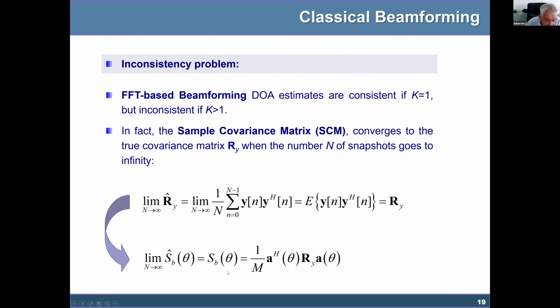And the true power spectral density at the output of the classical beamformer, if you remember, we have calculated, is given by this expression here, 1 over M a Hermitian R_y a.